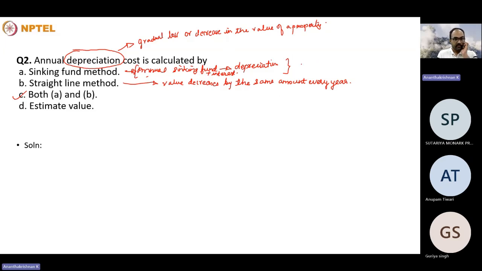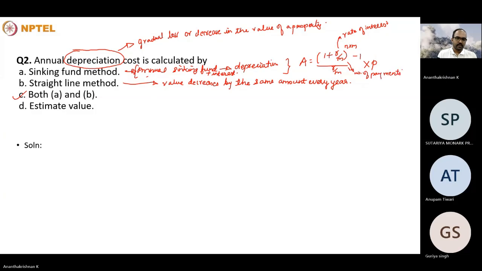The sinking fund is defined as A is equal to P times (1 plus R by M) raised to the power M into N, minus 1, divided by R by M. Here R corresponds to the rate of interest, M corresponds to the number of payments per year, and N is the number of years.